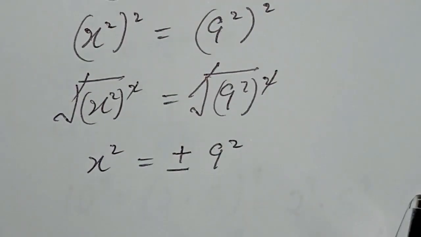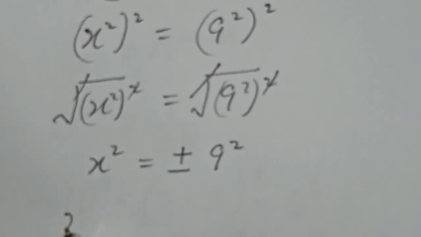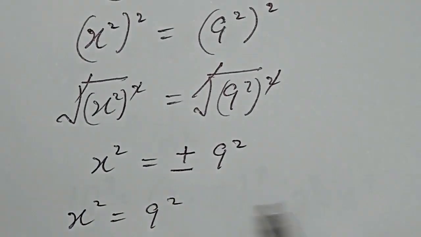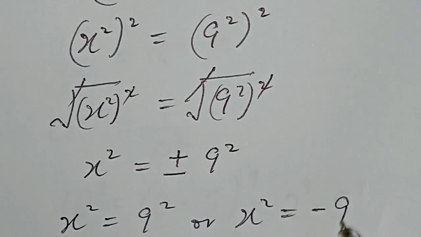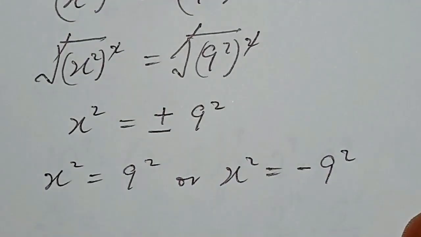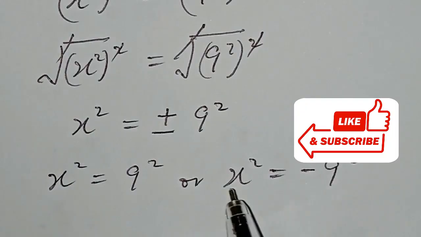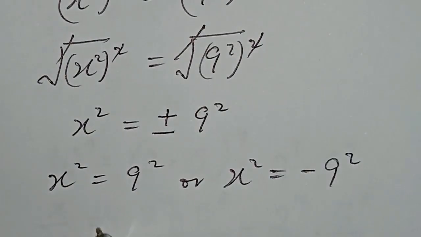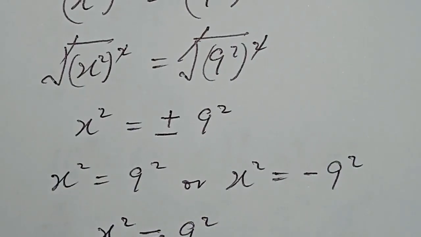So this implies that x squared is equal to 9 squared, or x squared is equal to minus 9 squared. We treat this accordingly. Let's take this part first: x squared equals 9 squared.